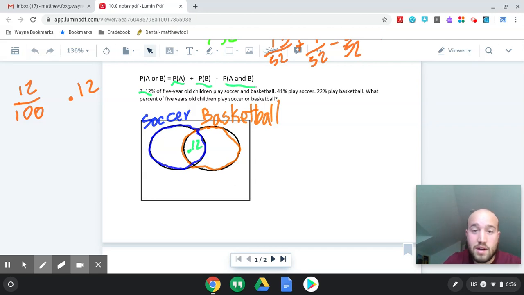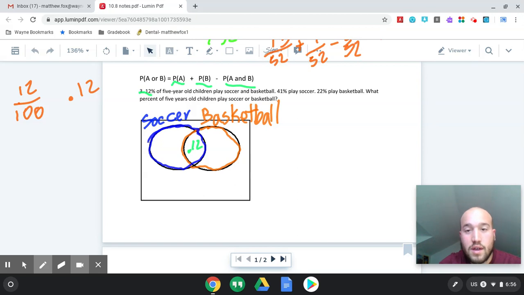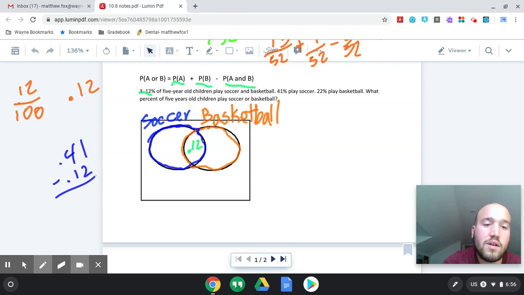So if we think about it now, it says 41% play soccer. So what that means is this whole blue oval has 41%. However, 0.12 is already taken. So from 0.41 we have to subtract 0.12, and we're left with 0.29.